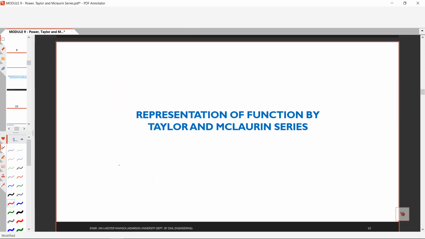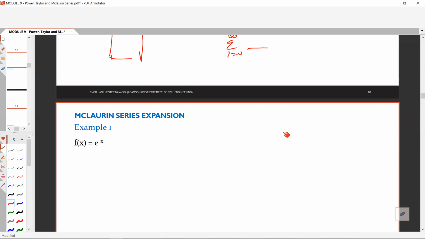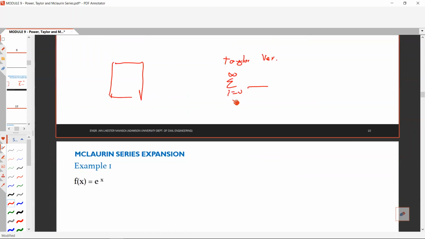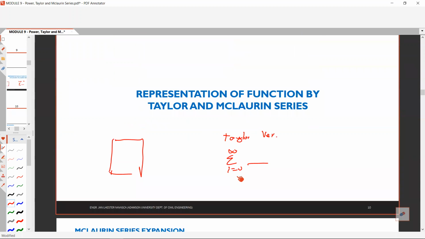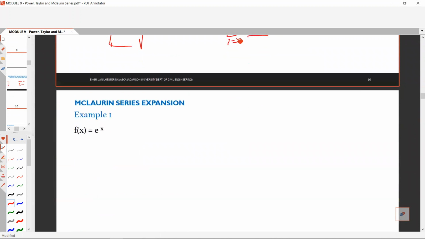Sa isang picture nakalagay Taylor version, yung album. Tapos dito, yung Taylor version niya naman is yung Taylor series expansion. Ayan. Taylor series expansion. Okay. So, anyway, today we will discuss itong representation of function by Taylor and Mclaurin series.